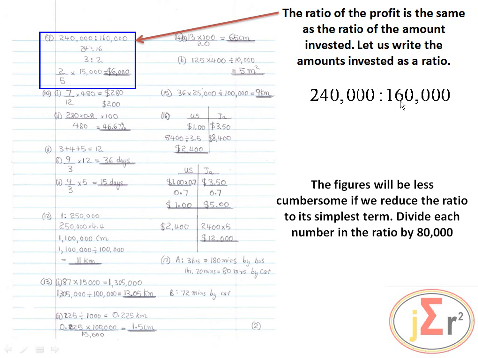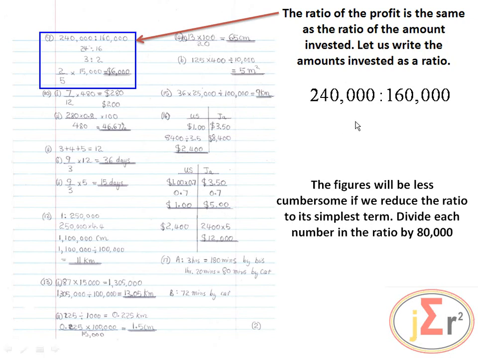Or we may take it a step further and recognize that 8 is the highest common factor of 16 and 24. So we may go ahead and reduce by a common factor of 8.